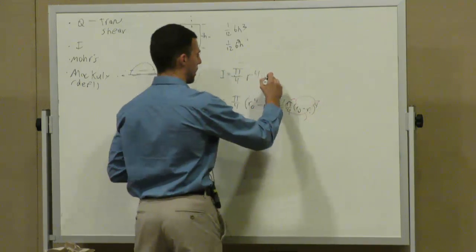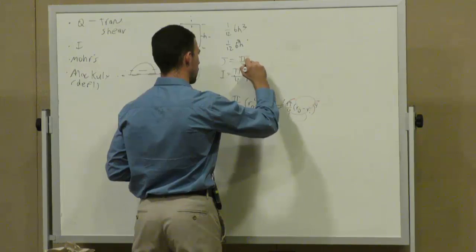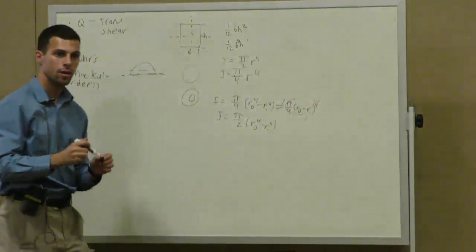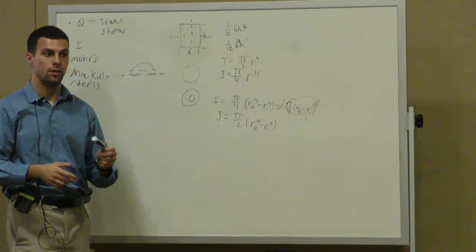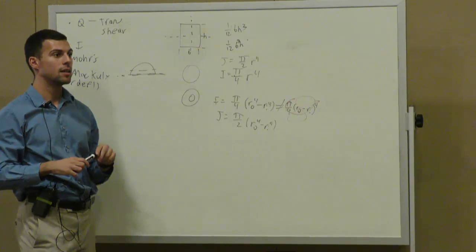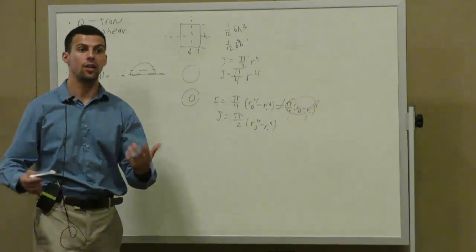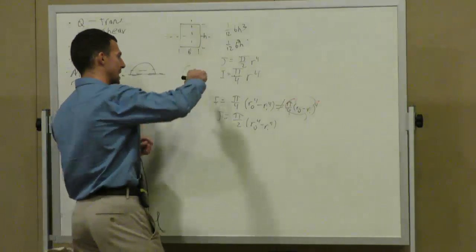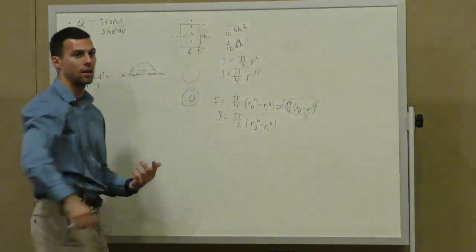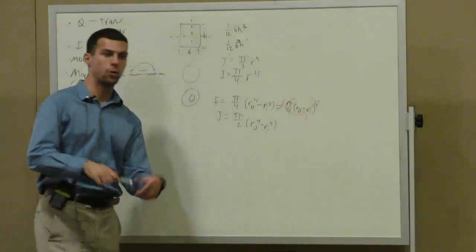It's actually the same up here, so J is equal to pi over 2 r to the 4th. Who can answer that? What is J? Correct. J is the polar moment of inertia. In other words, it is the moment of inertia about an axis that goes through that cylinder or through that shaft. Where do we use that, by the way?